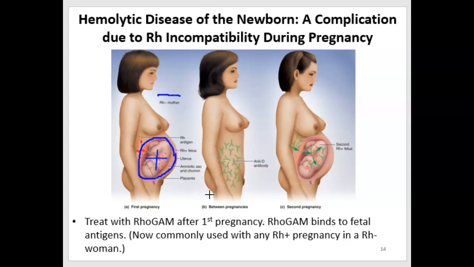And so now the mom's blood has been exposed to RH factor. And so now she makes antibody against RH. So these green things are supposed to be RH antibodies. I can't make this work. Now she has another pregnancy.